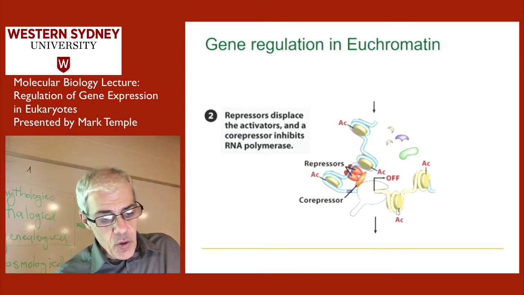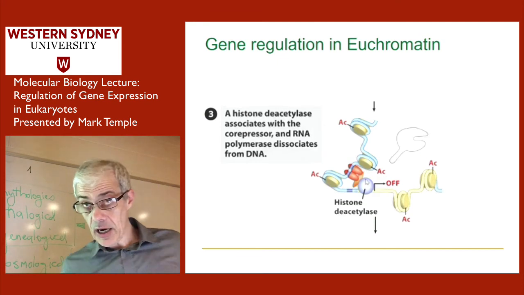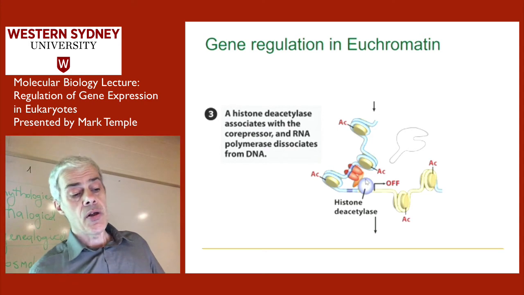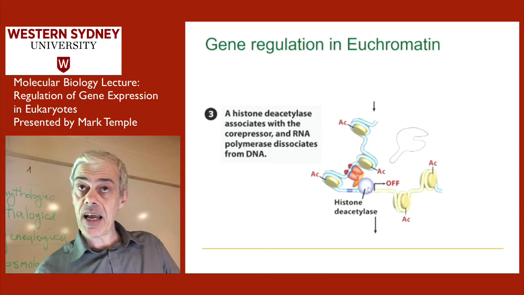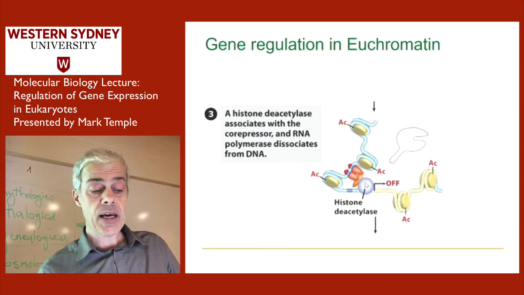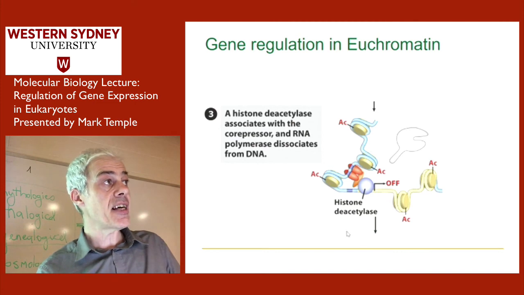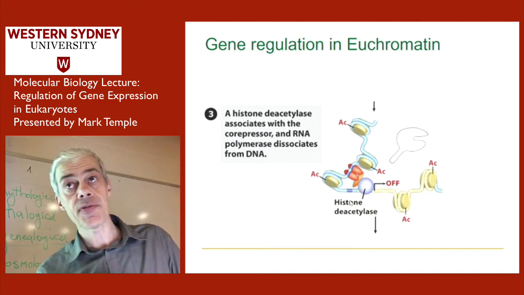And then what the co-repressor can do is bring in another activity, would you believe, a histone deacetylase. So these transcriptional repressors have now tethered a histone deacetylase into this gene, and that's going to remove these acetyl groups. It's the opposite activity of a histone acetyltransferase.